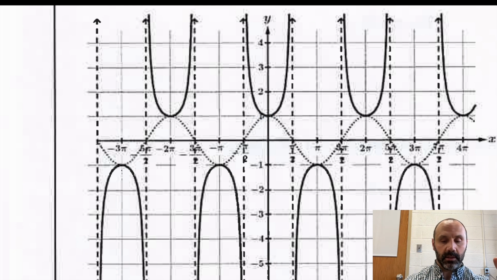But as cosine gets closer to pi over 2, as x gets closer to pi over 2, cosine gets smaller and smaller. So that means 1 over cosine is going to be getting bigger and bigger. And then at the value pi over 2 and at 3 pi over 2, etc., the places where cosine equals 0, we have an asymptote there. So we get asymptotes for secant at the places where cosine equals 0, which makes sense, right?